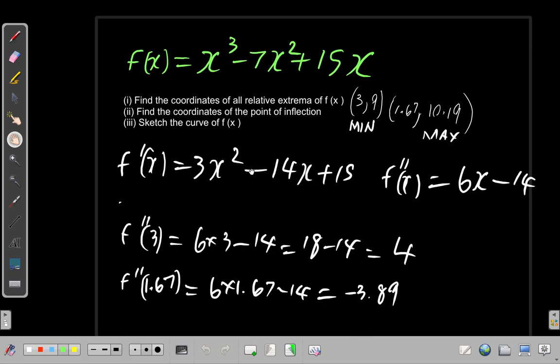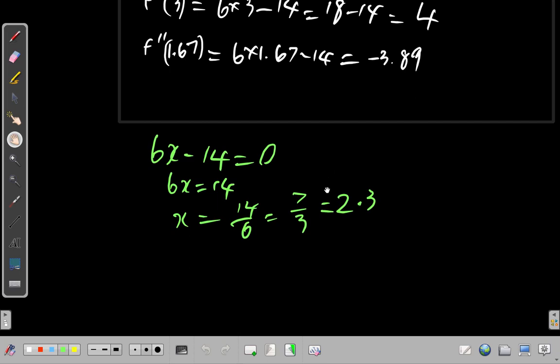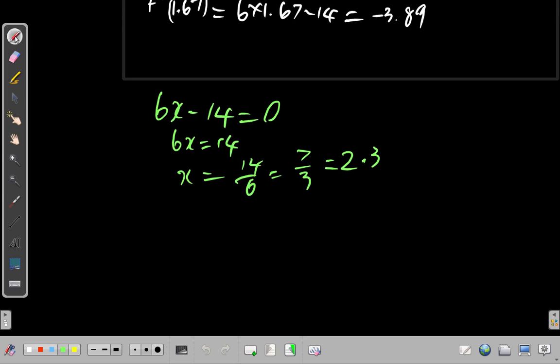Sketch the curve. Alright, we're going to have to sketch the curve. So we need to know where the curve cuts the x or the y axis. It will cut the x and y axis somewhere. If we make x equals 0, f of x is going to be what? I said y, but it's the same as the f of x axis.